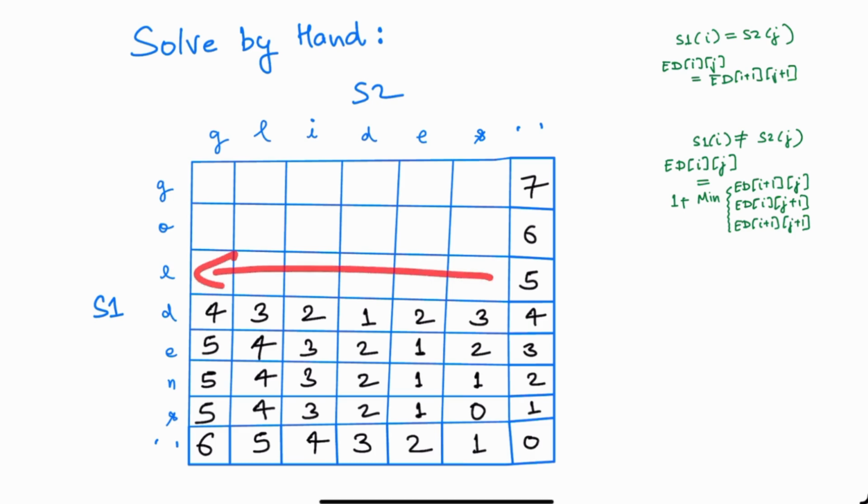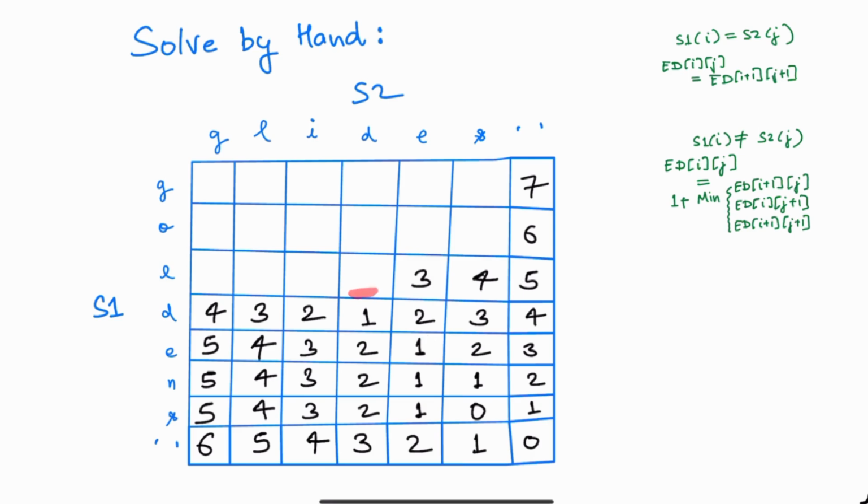Let's move to this layer. Characters don't match, take the minimum, add 1, so let's put 4 here. Here the characters this time again do not match, this is E and this is L, so we take the minimum and add 1, so it should be 3.